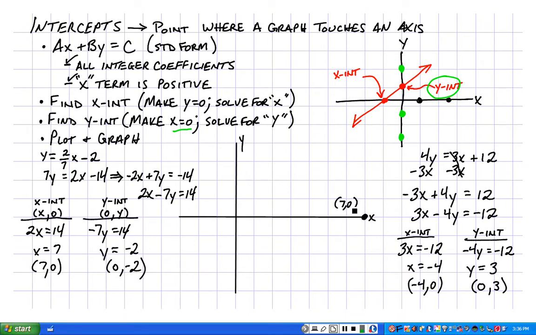Alright, my x-intercept, and my y-intercept is 0, negative 2. So from the origin, count down 1, 2. So there's my 0, negative 2, my y-intercept. Connect to graph.